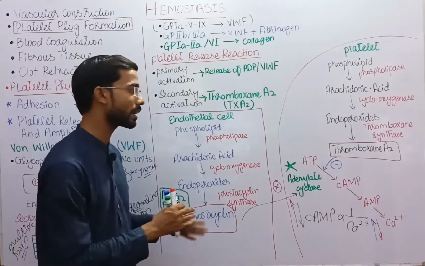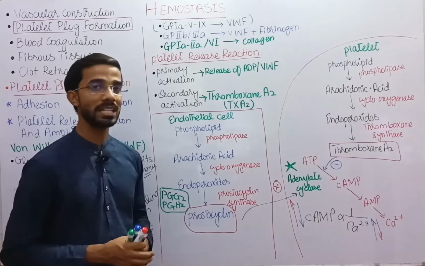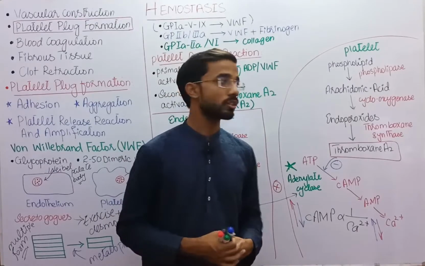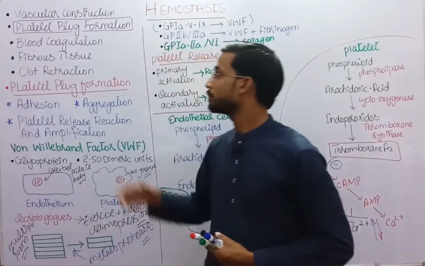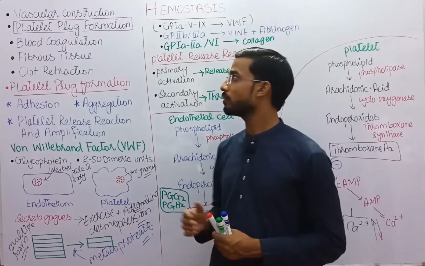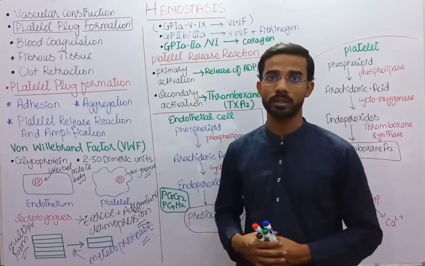It means the plug is not as strong as it should be. So this is all about the platelet plug formation. In the coming videos, we will discuss blood coagulation and so on. Thank you so much.